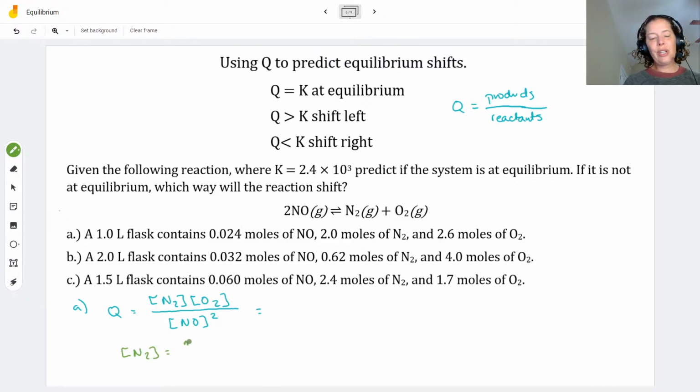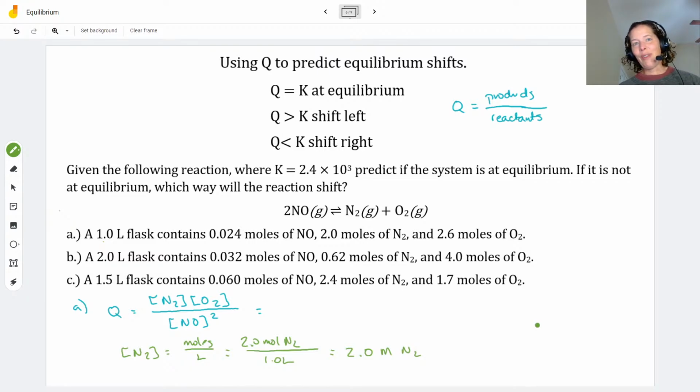Well, remember, concentration is just moles over liters, which in the case of nitrogen is 2 moles over liters. We're in a 1 liter flask, so this is just a molarity of 2. So I really don't have to do any calculations. I'm just dividing all of these by 1, which just gives me the same number. It just changes the unit on it.